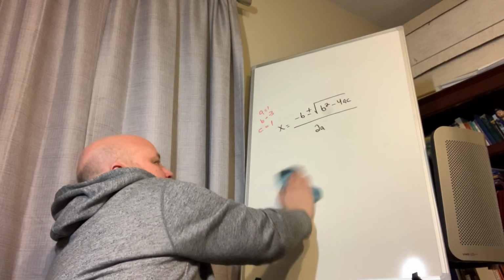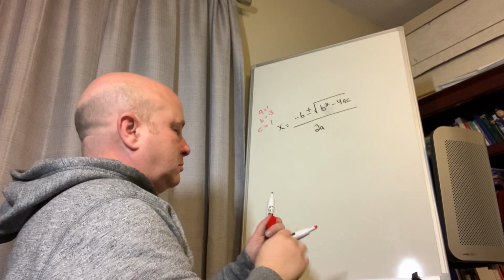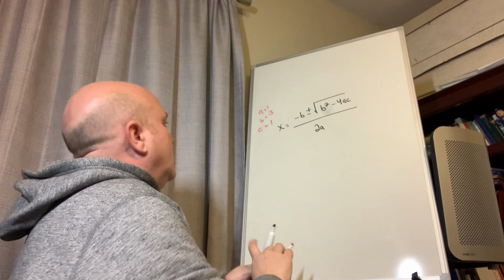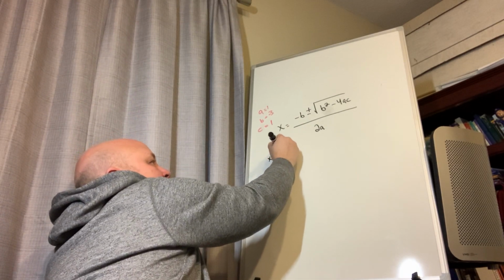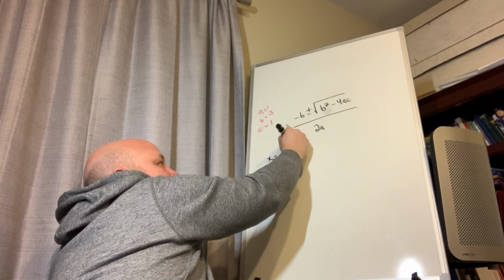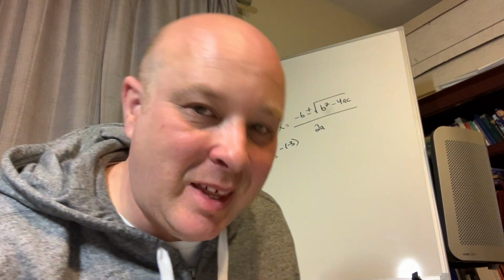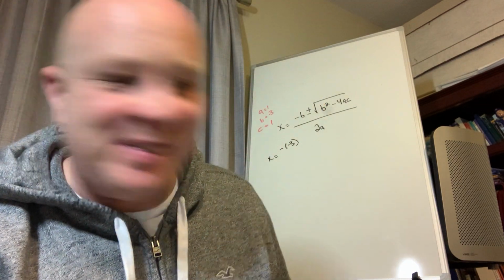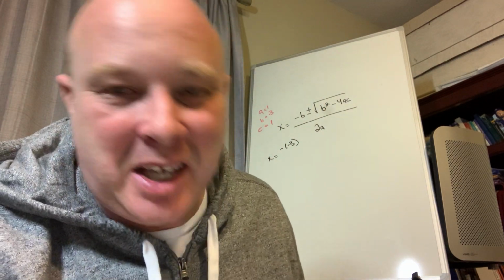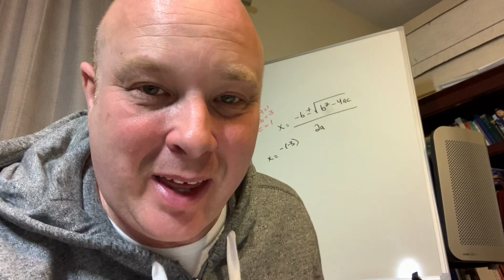Erase this so I've got room. All right, just plugging letters in here. X equals negative 3. Some of you will mess that one up right away from the very start. Negative B means negative whatever B is, and if B is negative 3, it's negative 3. And what is that? Negative 3 is a positive 3.